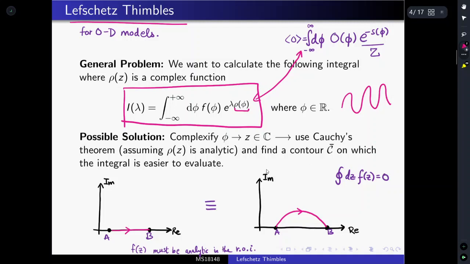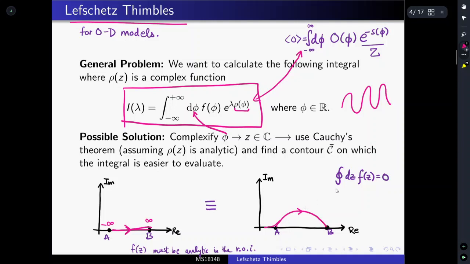So a proposal that we have is that we complexify this phi here and use Cauchy's theorem from complex analysis to deform this contour of integration. We are originally integrating over the real axis from minus infinity to infinity, and we are proposing that we can deform this integration contour to something else entirely.